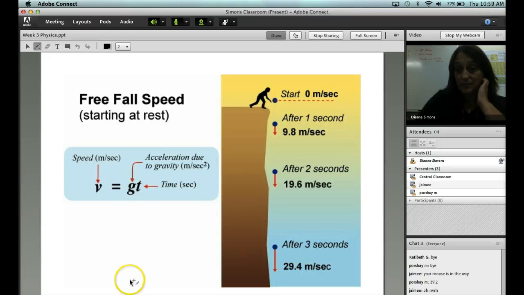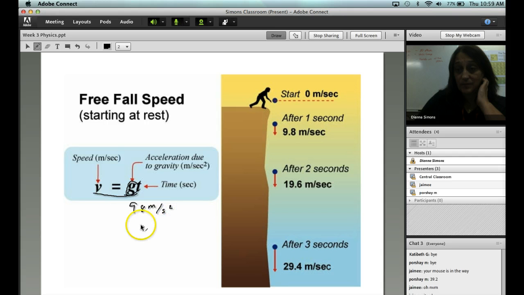Okay, so free fall, starting at rest, your velocity is 0, right? And this is the formula for free fall. Velocity is equal to gravity, which normally we say 9.8 meters per second squared.